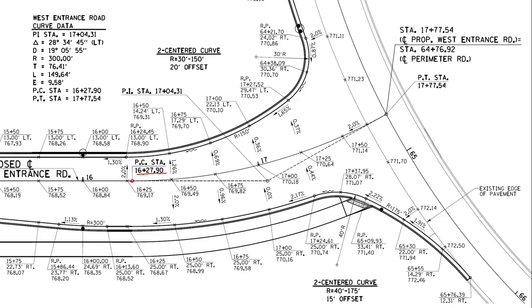So if we take that station of the PC, 16 plus 27.90, and we add our length of curve, which in this case is 149.64.